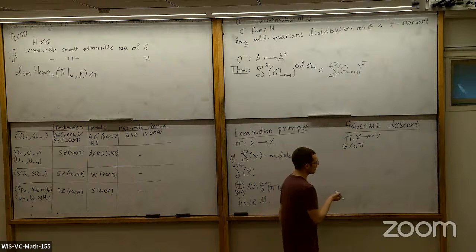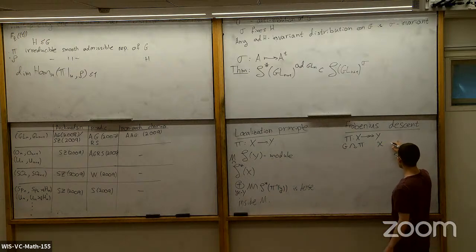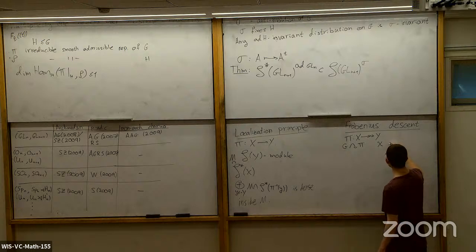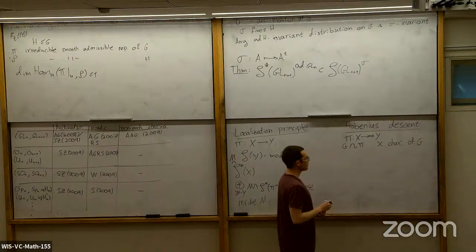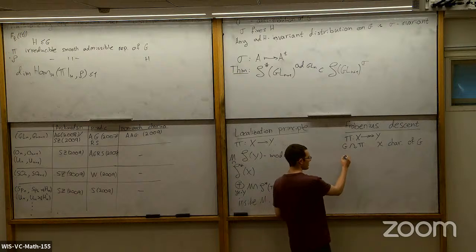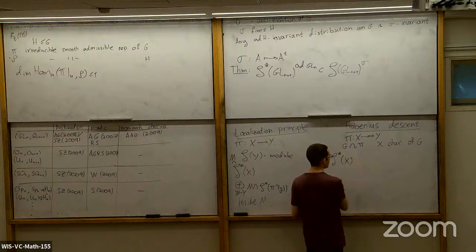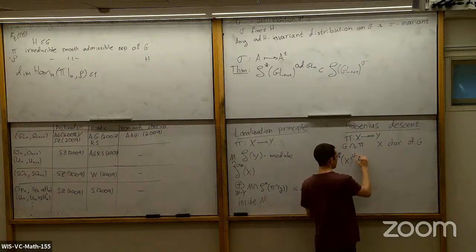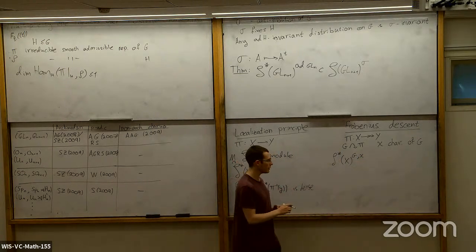And now assume that we also have a character chi of G. And assume that we are interested in the space of distributions on X such that G acts with the character chi. This will be our notation for that.